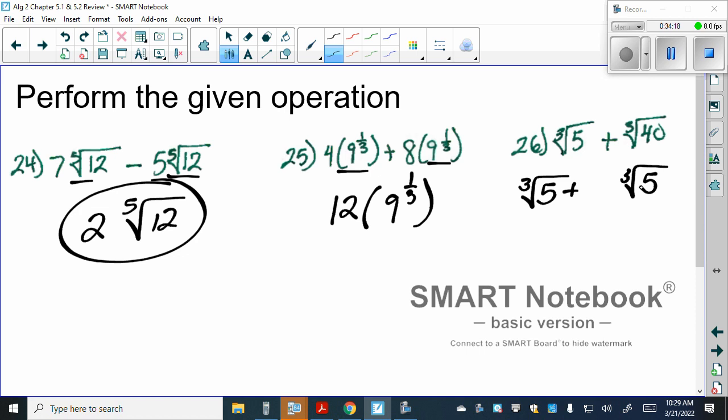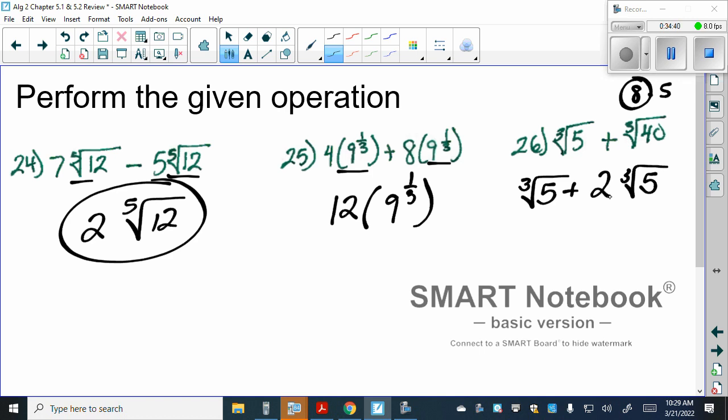So hopefully there's a number that when multiplied by 5 does give us 40, and that number we can take the cube root of. Well, what times 5 is 40? 8. So we have 8 times 5. The big question is, can we take the cube root of 8? Yes, we can.